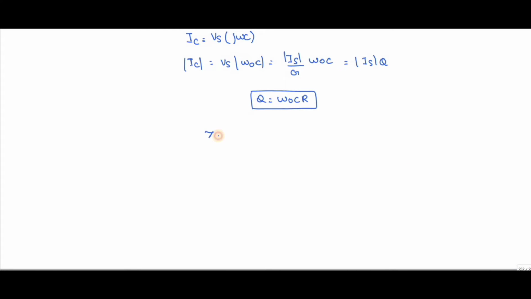Here you can see the impedance is maximum. Therefore, the current is minimum. That is why it is called an acceptor circuit, sorry, rejector circuit.